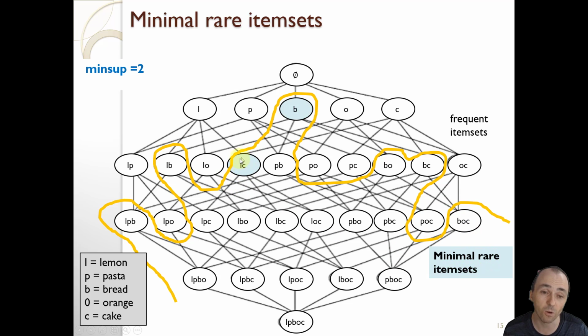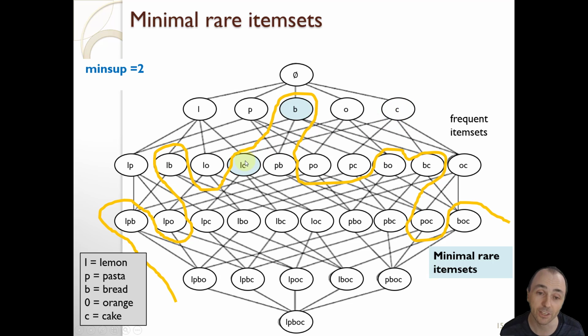Lemon and cake. Now let's have a look. Lemon and cake is infrequent because it appears only one time. So this is okay. Now we need to check the second condition: whether the subsets are frequent or not. The subsets are lemon, which is frequent, and cake, which is also frequent.